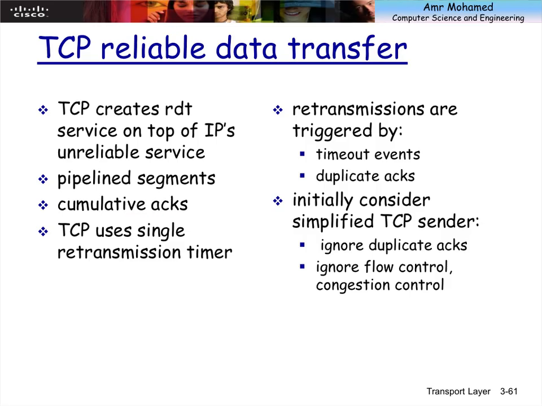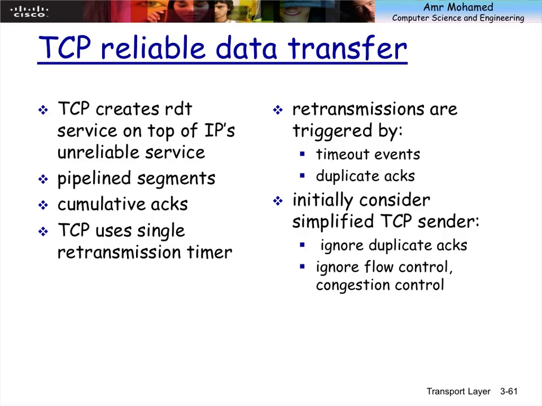Cumulative acknowledgement is one of the characteristics that we talked about for go back N, right? So does that mean that TCP is go back N? No. We'll see why not. TCP uses a single retransmission timer. Does that confirm that it's go back N? No, it's not exactly go back N, because go back N does use one timer, right?